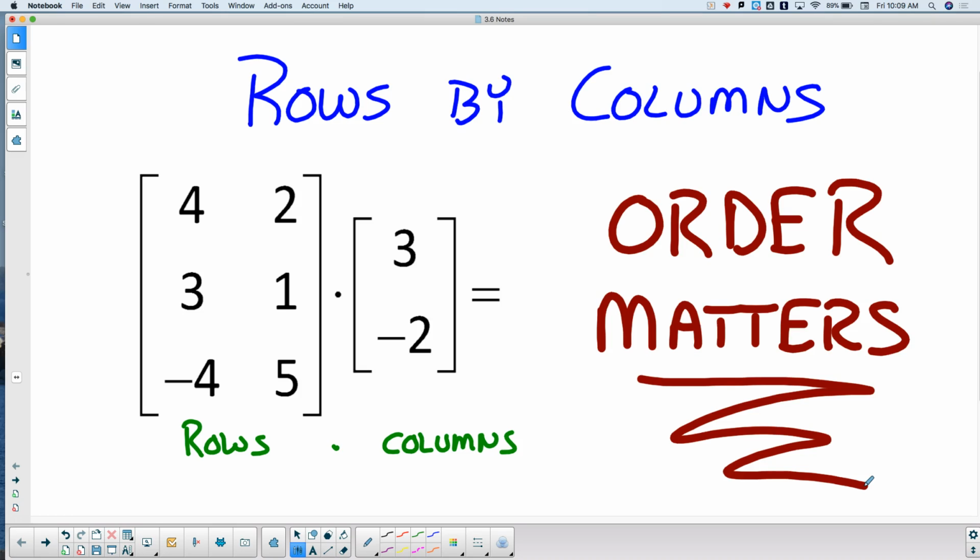However, in matrices, I can multiply these matrices together as is. But if I rewrote them in a different order, if I put the 2 by 1 matrix 3, negative 2 first, I could not multiply them. Okay? Because the order matters.